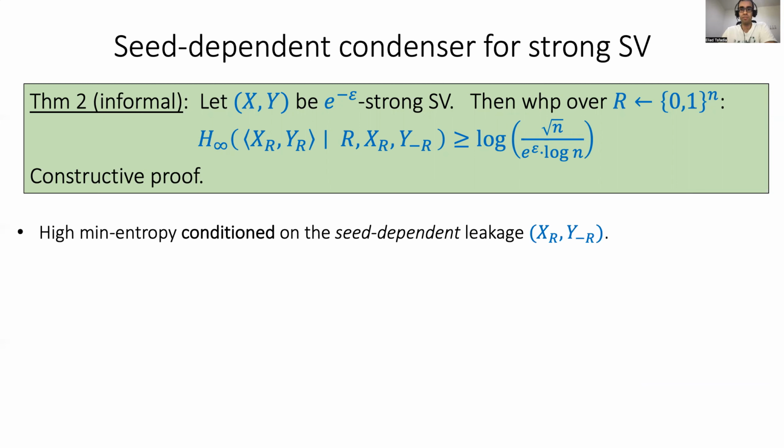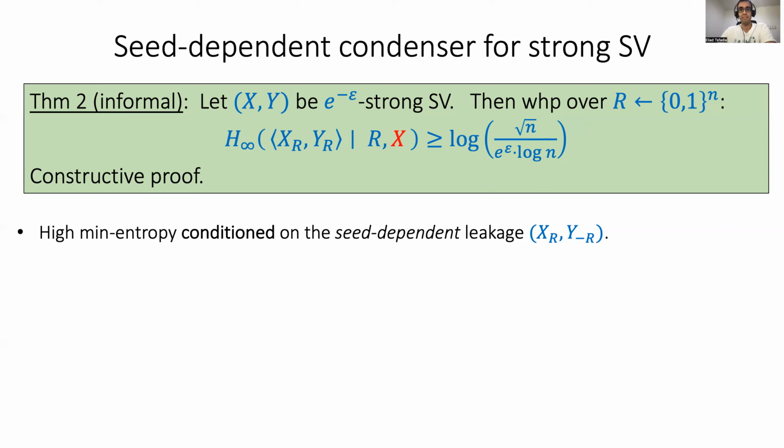The interesting part of this theorem is that there is high min entropy even when conditioning on the XY-dependent leakage of XR, Y minus R. Note that if we remove Y minus R and even replace XR with the entire X, then the proof simply follows by the extraction result of McGregor et al., since the inner product of XR, YR, when R and X are revealed, is essentially like the inner product of R and Y, which are independent.